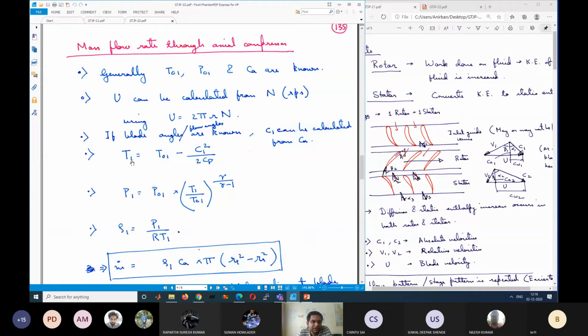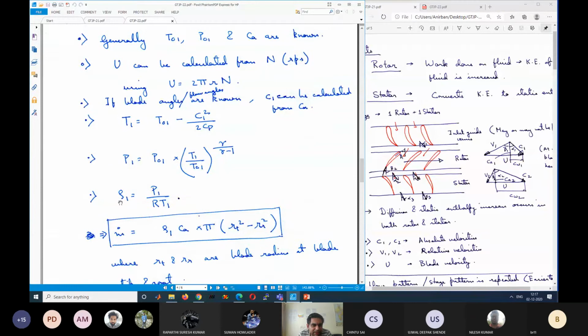Once you calculate the static temperature, you can calculate the static pressure using the isentropic relation P1 by P01 equal to (T1 by T01) to the power gamma by gamma minus 1. Once static temperature and static pressure are known, you can calculate the density using rho 1 equal to P1 by RT1, and then use the density in this relation.